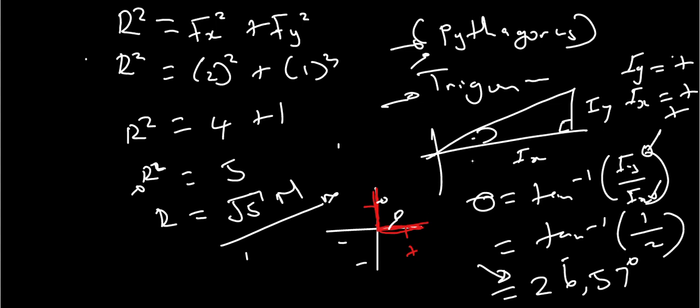So we are going to say the angle that we got, which means it's here, is going to be 26.57, and the direction is north of east. So that will be our direction. You're supposed to know that, guys. Sometimes they say it on the x direction, something like that, but it's still the same thing.